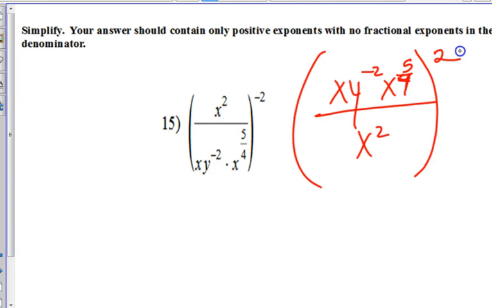x squared. So this 2 is going to multiply all the exponents. So we get an x squared, -4th, 5/4 times 2, which is, okay, all I did was flip this totally upside down.